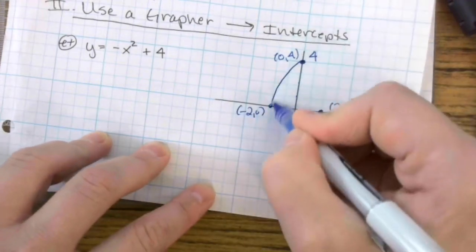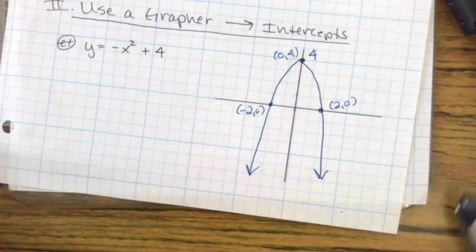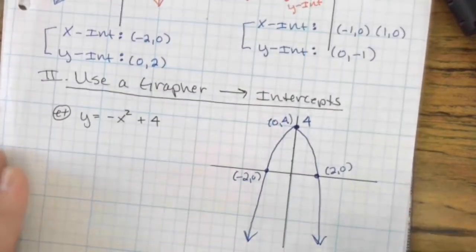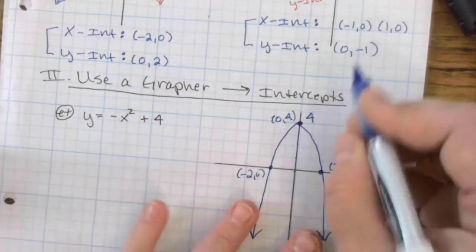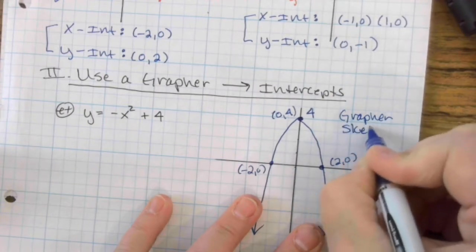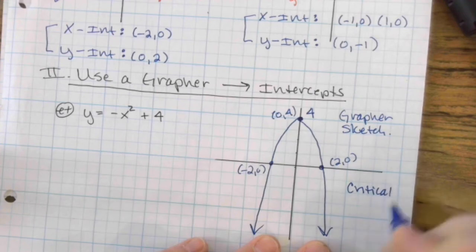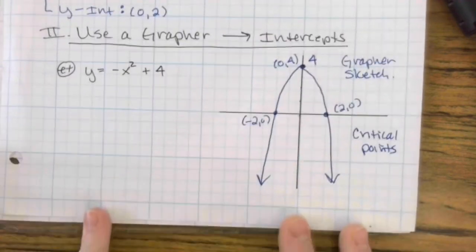So my parabola looks like this. On a graph or sketch versus a graph, you only need the critical points. So this is what we would call a graph or sketch. In a graph or sketch, you do critical points, not all points. And you always give your window.